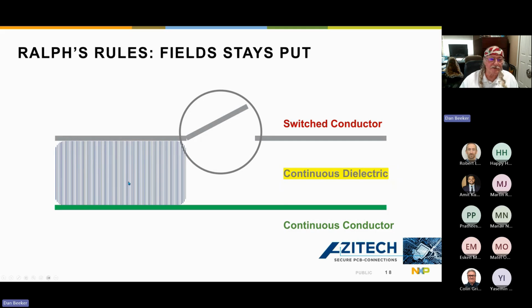So I've got field sitting here on the left. It doesn't see the space on the right because it doesn't have the rules. Continuous conductors separated by a space. So this conductor is broken, and so the energy here does not see the space. So it's happy over here on the left. It's achieved equilibrium, and it has no reason to move.